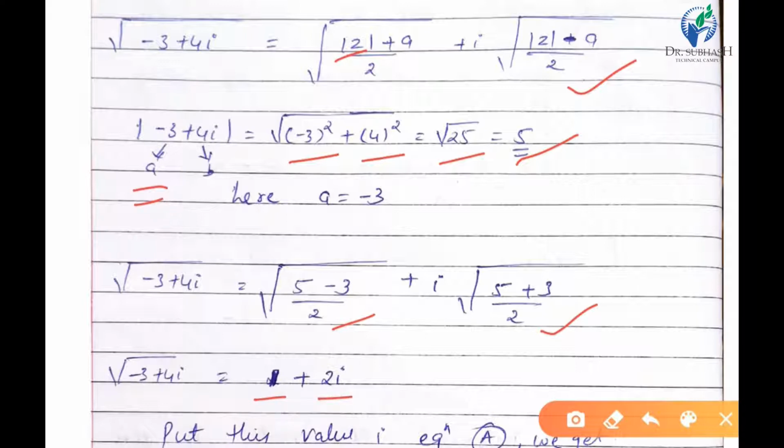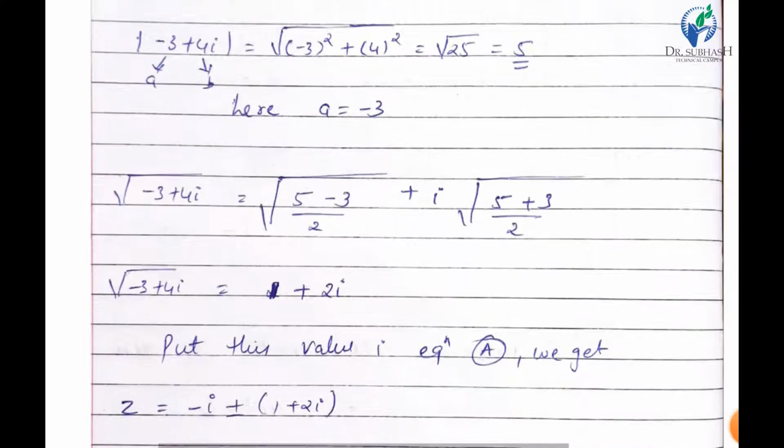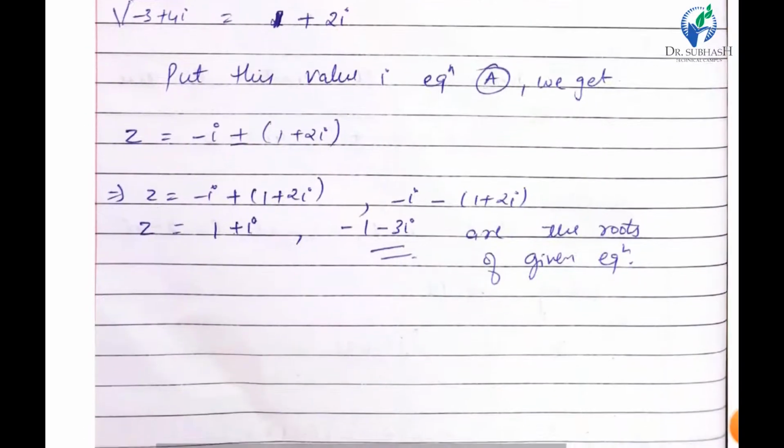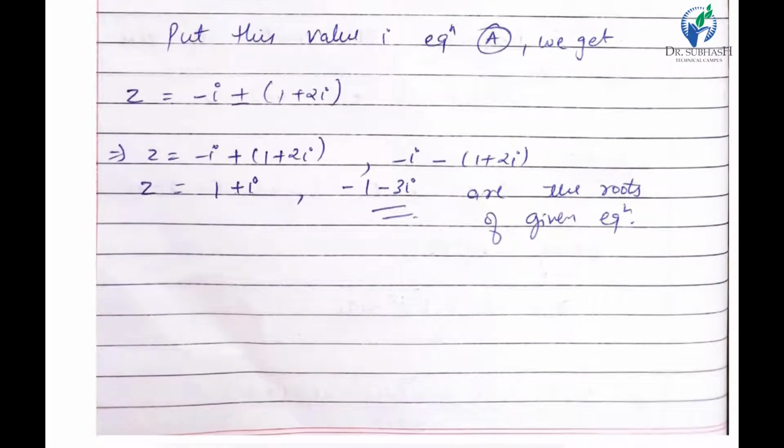Now we will substitute this in the above equation 1. On substituting, we get z equal to minus i plus or minus (1 plus 2i). Since it is a quadratic equation, we will get two roots of the given equation. Here we are having plus or minus sign.